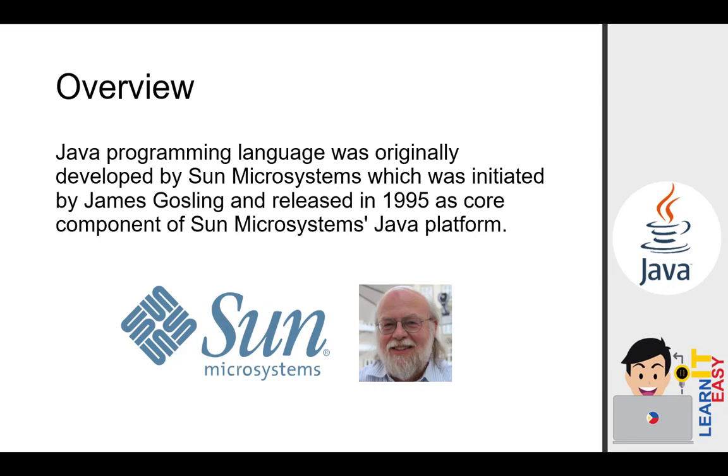If you ever wonder why Java is now owned by Oracle, it is because Oracle bought Java from Sun Microsystems on January 27, 2010. But initially, it was actually owned by Sun Microsystems. And you have to remember that James Gosling is the father of Java programming, since he initiated and led the Java project.